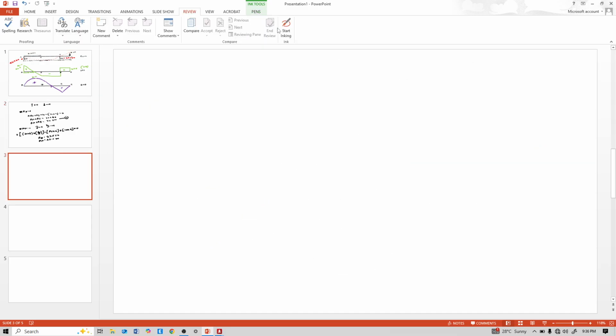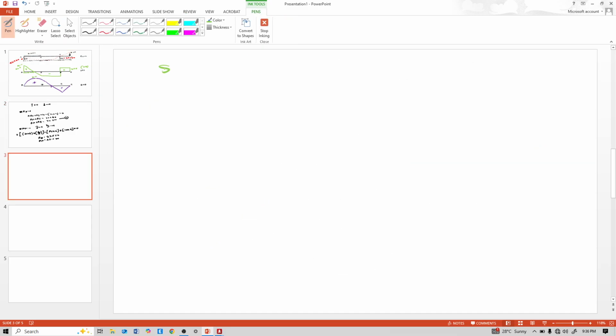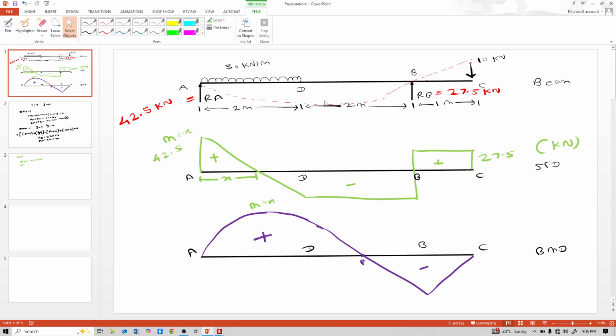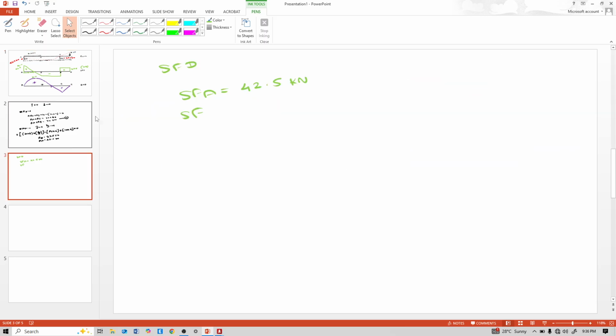Now let's calculate the shear force. Shear force at A is 42.5 kilonewton, we had calculated it, and shear force at C is 27.5 kilonewton.